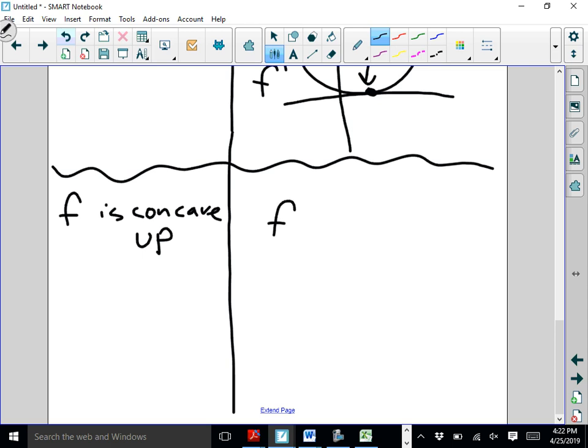So if they ask you where this function is concave up, get to f double prime, set it equal to 0, and do your number line test. Just like for increasing and decreasing, but we're using the second derivative instead of the first derivative. But if you have a graph of f prime, it's helpful to know that f is also going to be concave up when f prime is increasing.